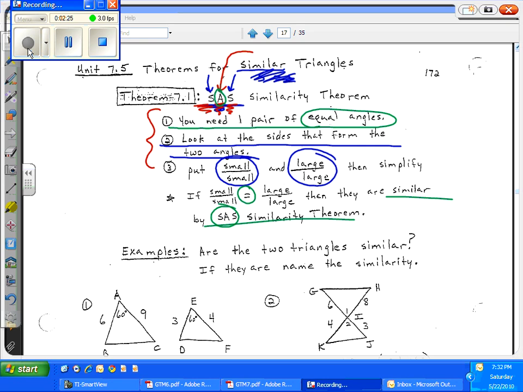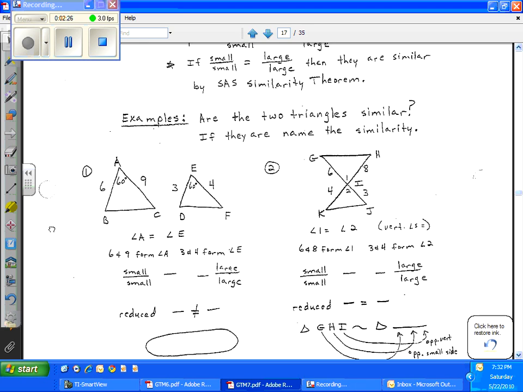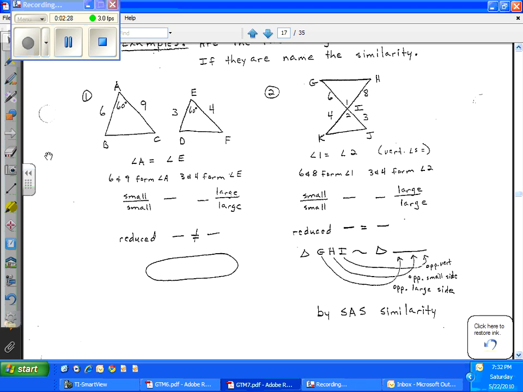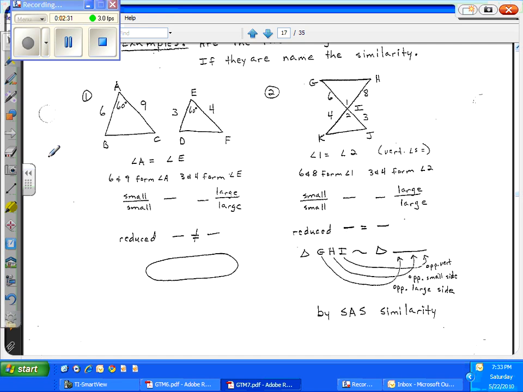So let's look at this. Are the two triangles similar? If they are, name the similarity. So what we have is an angle of one equal to an angle of another. So there's our angle equal angle. And then we have the sides that form that angle.